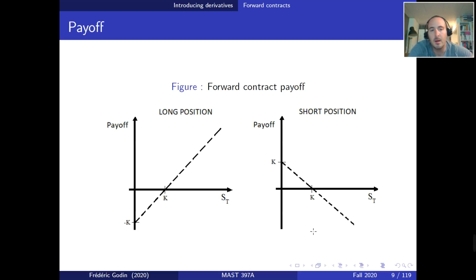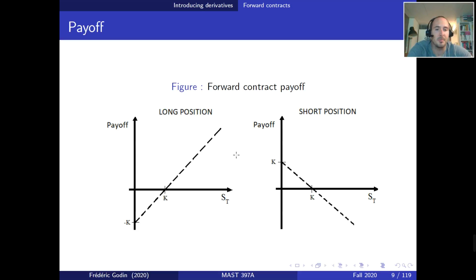So if we plot the function S_T minus K here, which is the payoff of the long position, we see that it's a straight line which crosses here, K. So when S_T is equal to K, the payoff is 0. If S_T is greater than K, then the payoff will be positive. If S_T is smaller than K in this area, then the payoff will be negative. And the slope here of the straight line is exactly 1.